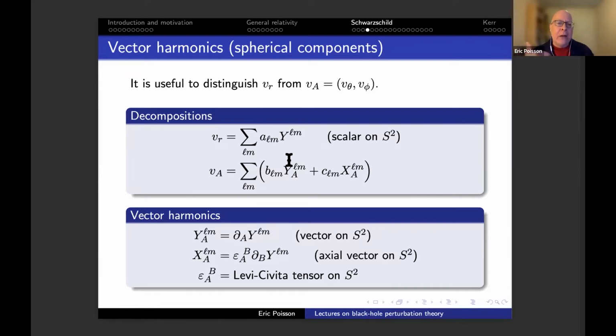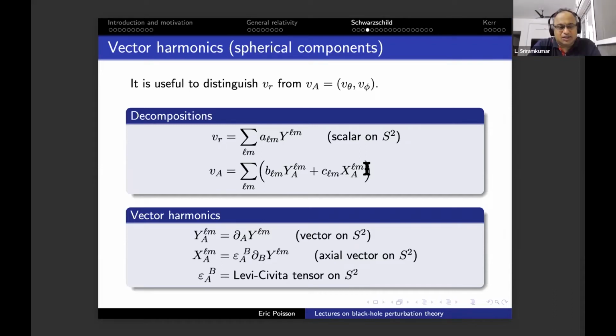In the language that people typically use in cosmology, they would say that this is the scalar part of the vector perturbation, and this would be the vector part of the vector perturbation. So in that sense, I'm doing the same thing, except that I'm describing it differently. Here, instead of describing this as a scalar because it's created from a scalar by applying a gradient, whereas this is something different, the language used is slightly different, but it achieves the same thing.